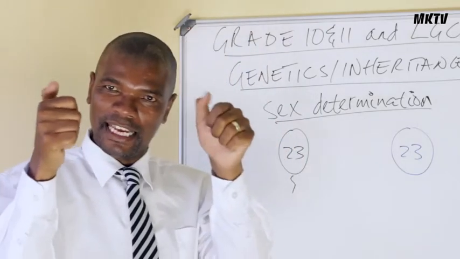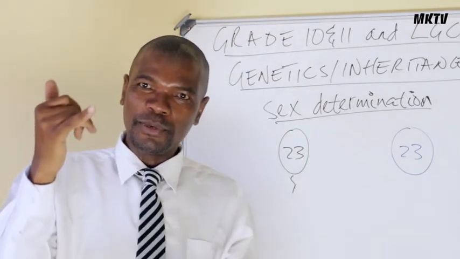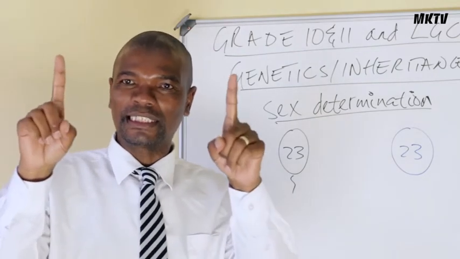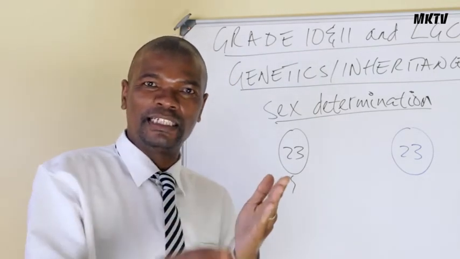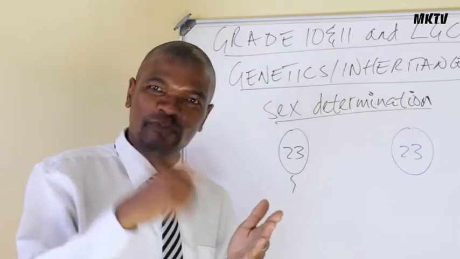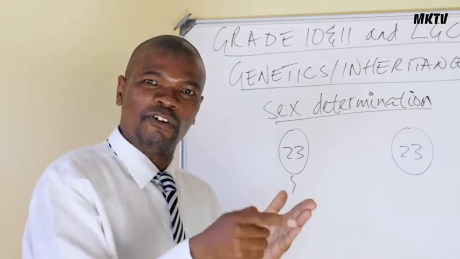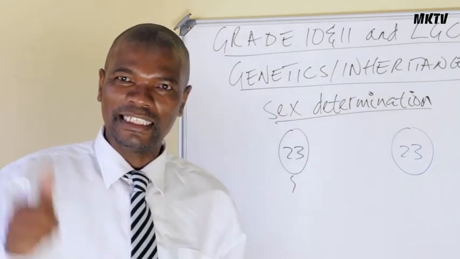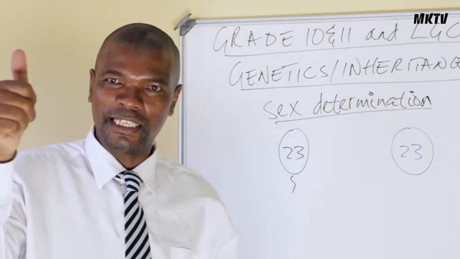And then this pair, the last pair, we count from this, that would be 1, 2, 3, and this will be our 22nd. Remember, I have 23 fingers, not 5, so it will be 1, 2, 3, 4, 5, 6, 7, all the way up to 22 here, and this will be the 23rd from the sperm.